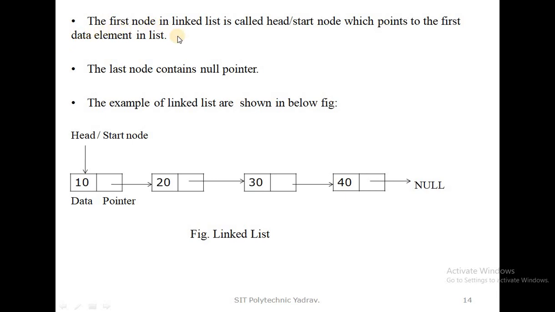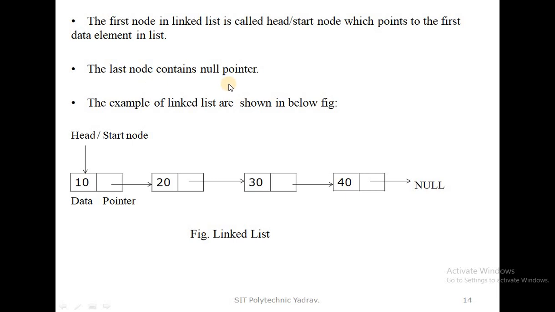The first node in a linked list is called the head or start node, which points to the first data element in the list. The last node contains a null pointer.